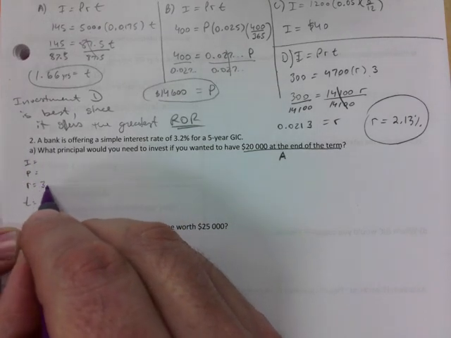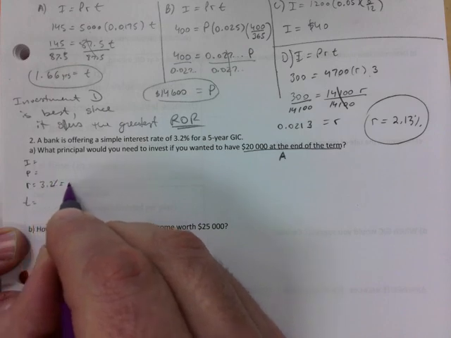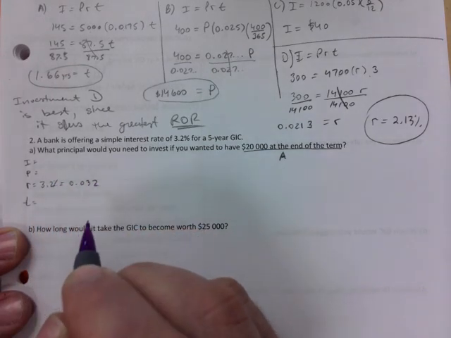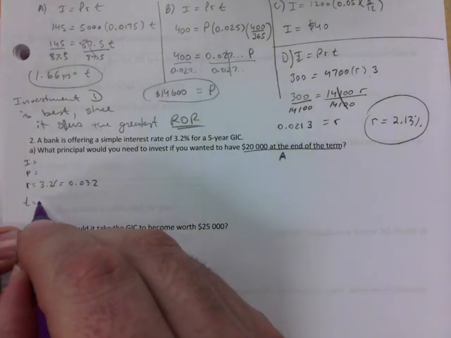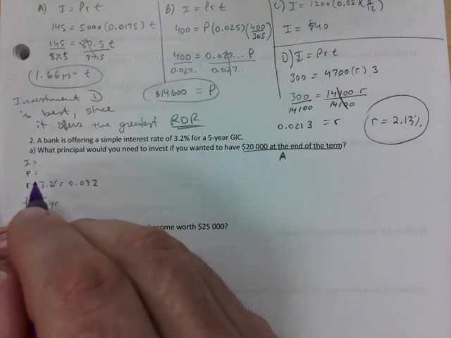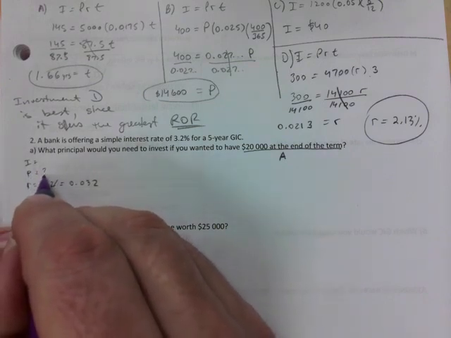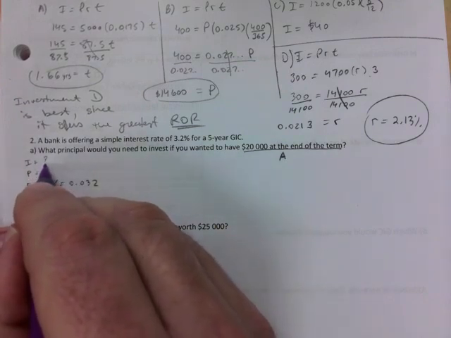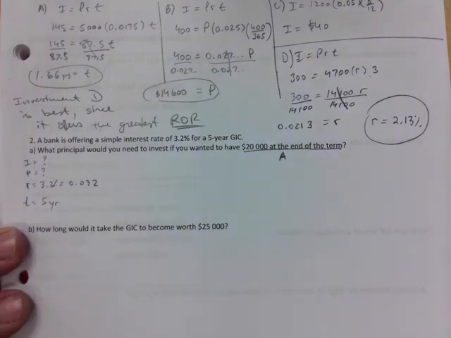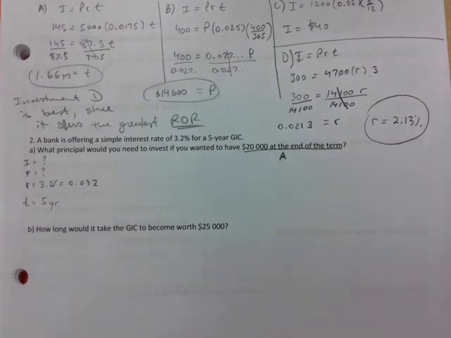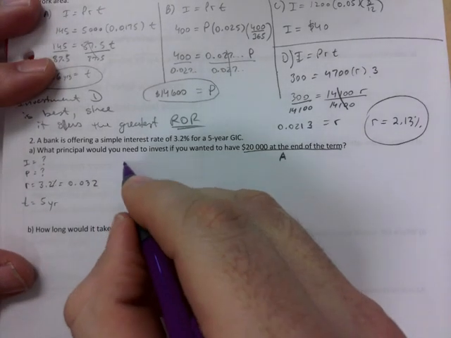This is 3.2, which is percent, which is 0.032. Time is 5 years. What principal is question mark, and this is also question mark, right? So this is definitely a scenario where you have to use the other formula, this one.